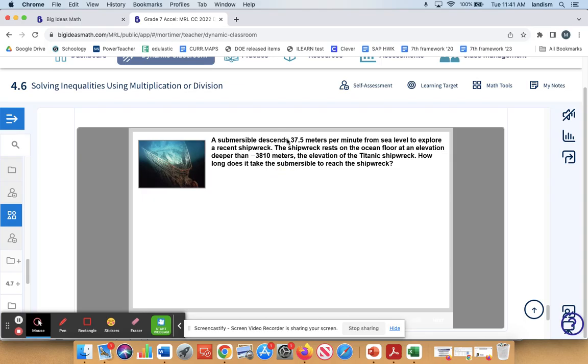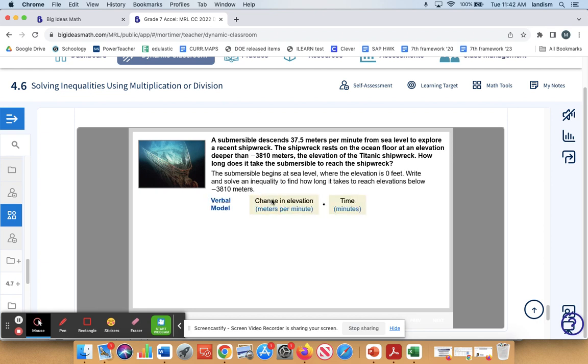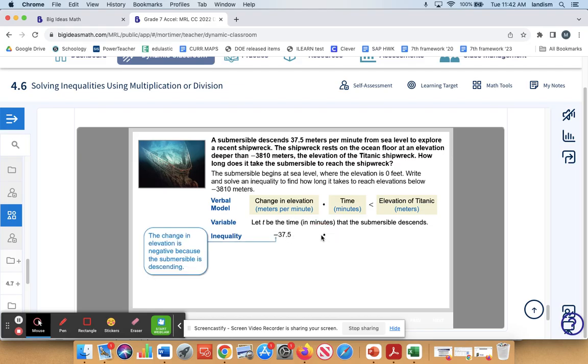Okay, so it descends, it drops 37.5 meters. That will be our first number here. We're dropping 37.5 meters per minute, for how many minutes? We don't know. And we want to know, when will it be deeper than the elevation of the Titanic?